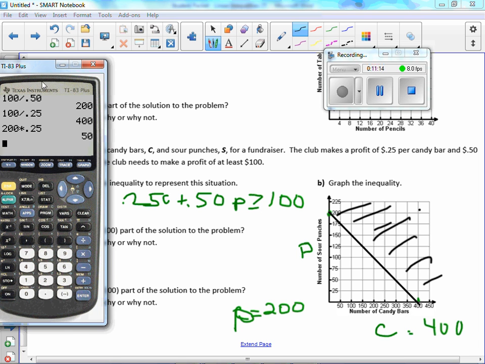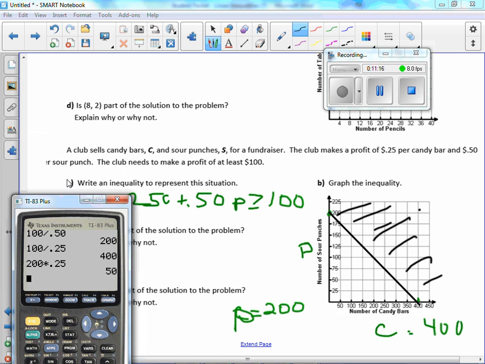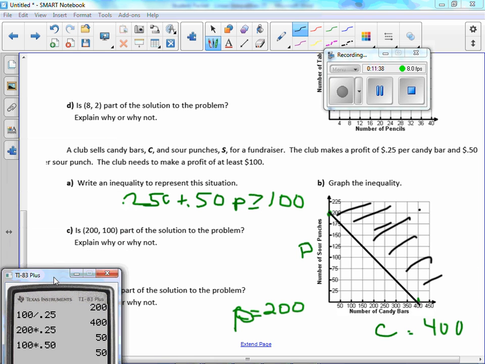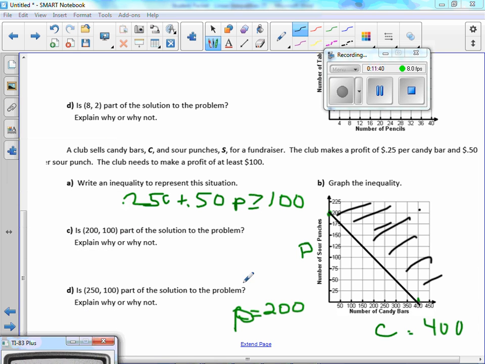And then we're going to put 100 in for P, 100 times 0.50, which is going to give us 50. So we know 50 plus 50 is 100. So this is a solution because it equals 100. So this is yes because it equals 100.